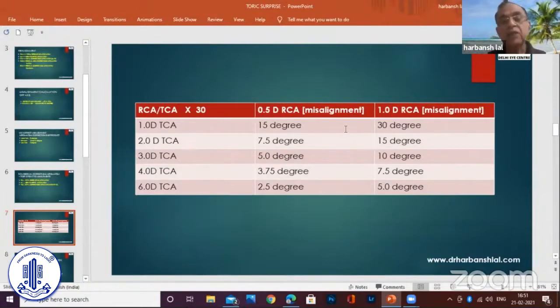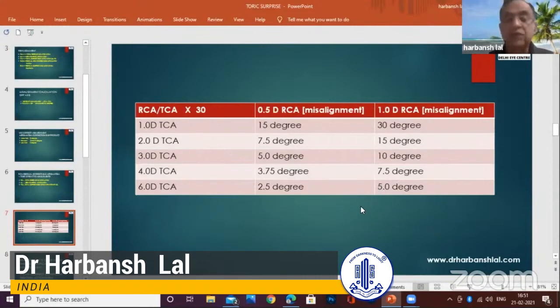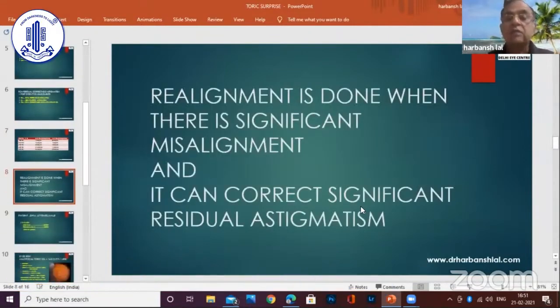That means the 1.5 diopter IOL, which is giving 30 degrees misalignment, can be corrected, but the 6 diopter IOL, with a misalignment error of 1 diopter, only 5 degrees of misalignment, probably you will not attempt. So it is very important to understand in relationship what we have achieved and what we should have achieved. That proportion is very, very important. So realignment is done when there is significant misalignment, and it can be corrected significantly.